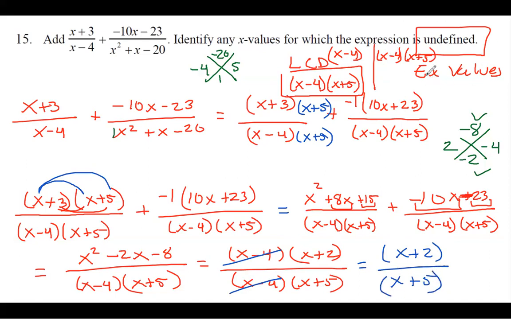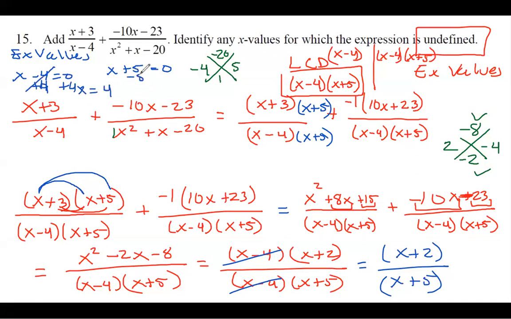We have our beautiful factors, excluded values. Let me go and do it really quickly over here. X minus 4 equals 0. X plus 5 equals 0. Add 4, so therefore x equals 4.